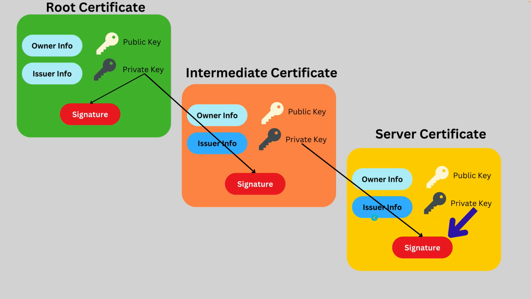Well, we're going to look at the issuer information, and the issuer is not going to be the trusted certificate authority. Instead, it's going to be the intermediate certificate authority. So this is going to be Cloudflare. So we're going to ask for Cloudflare's public key, and we're going to access it. And then using the public key, we're going to validate the signature.